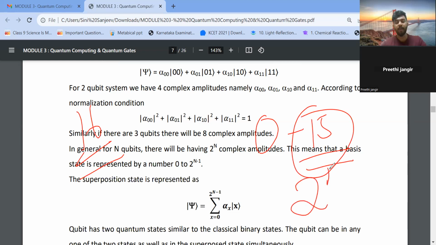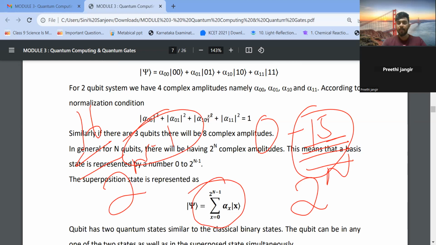So suppose there are 2 power n amplitudes, how will I get this 15? Just do 2 power n minus 1. So that's how I get 0 to 15. The same thing I'm putting here also. And this you have to remember by heart. If you don't understand, I'll help you out once the class is over.